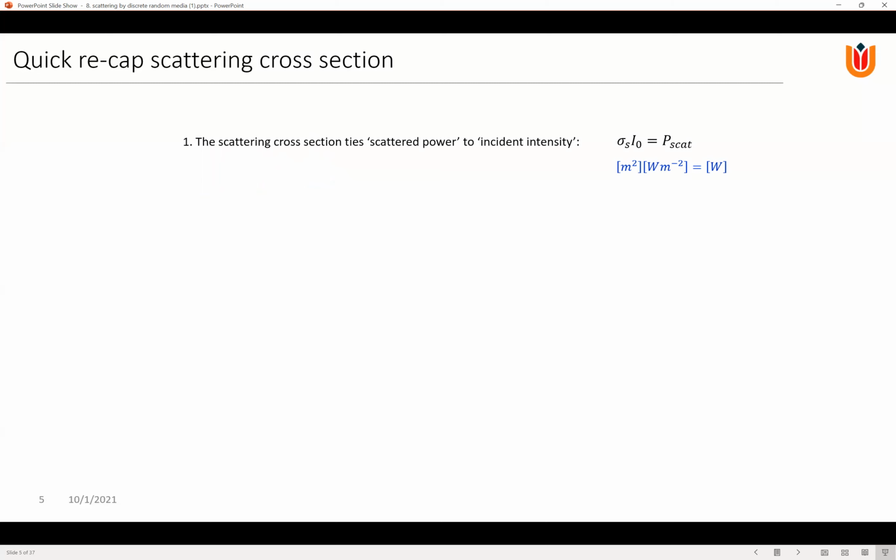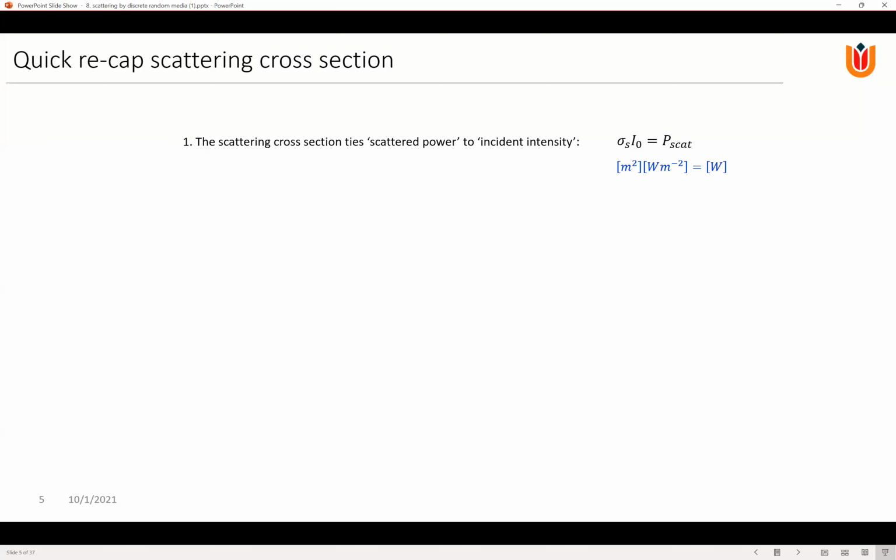Another few equations that you did see, maybe a few weeks ago, tie the scattering cross section to the thing that we can physically measure, the scattered power, to the thing that we can control, the intensity.